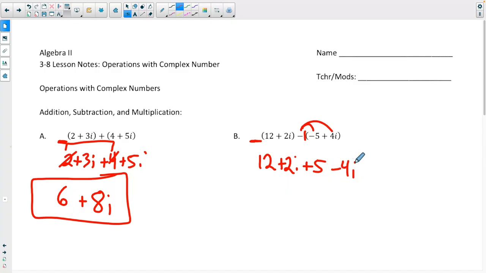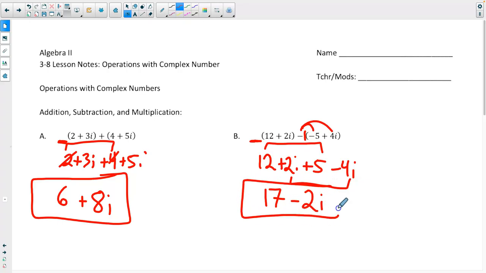But also realize I have +4i, so if I flip the sign, it gives me -4i. Nothing too crazy there. Now it's the exact same thing as letter A. So go ahead and combine your like terms. And so we get 17 minus 2i.